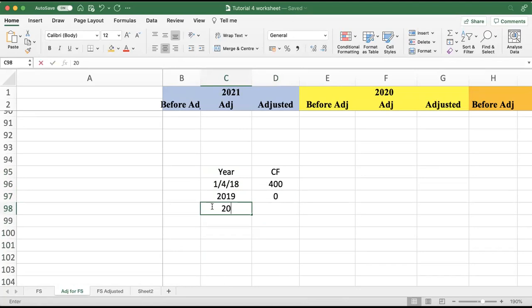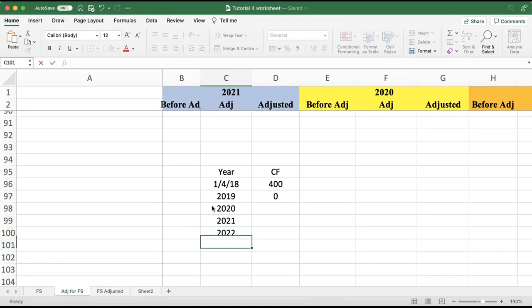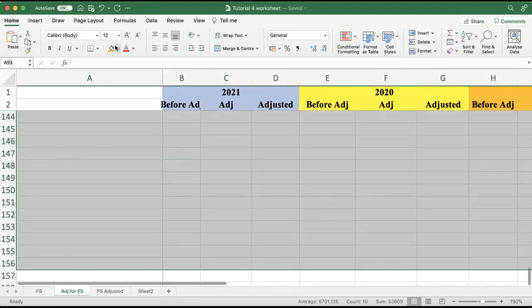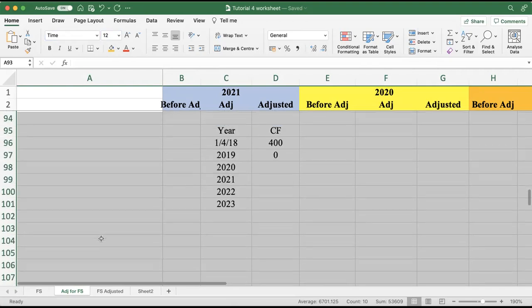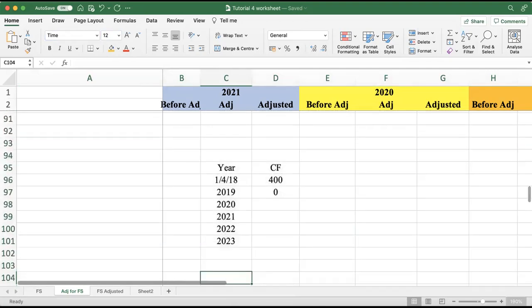The repayment starts from the second year onwards, and it goes for 4 years.